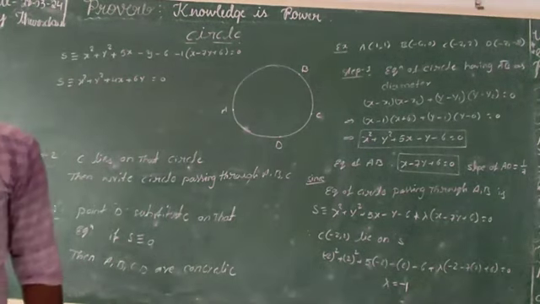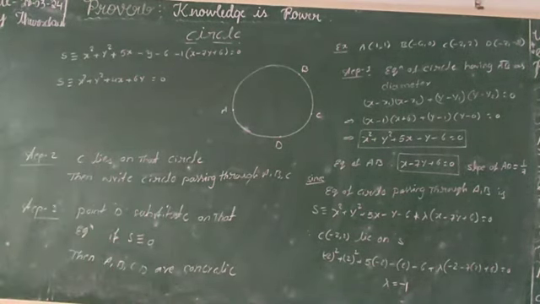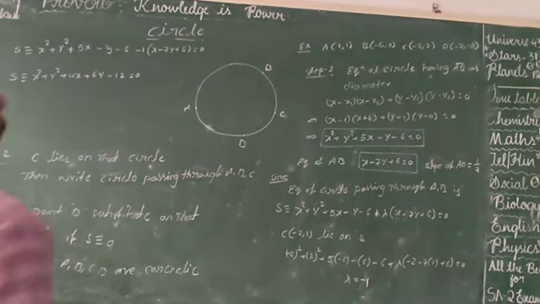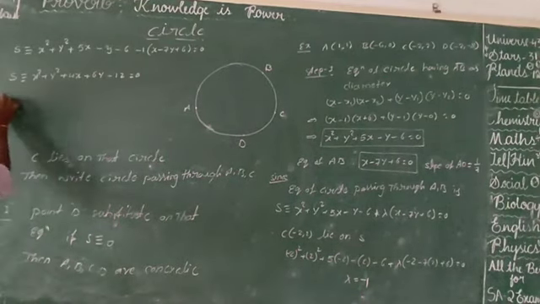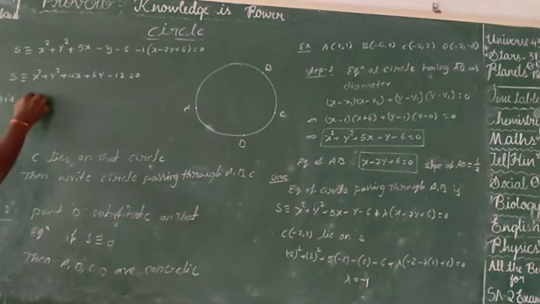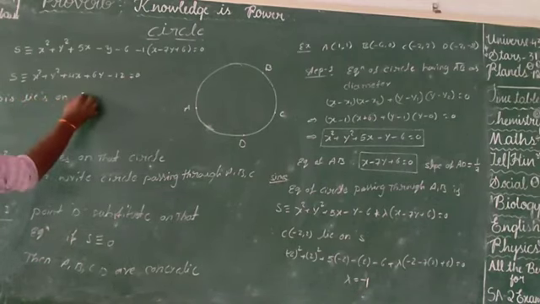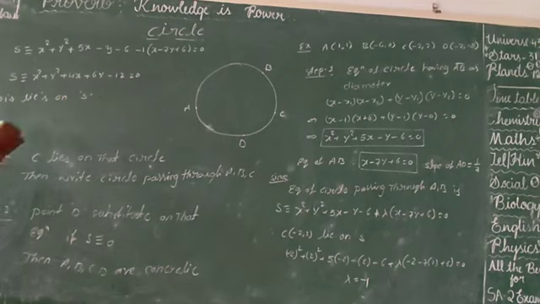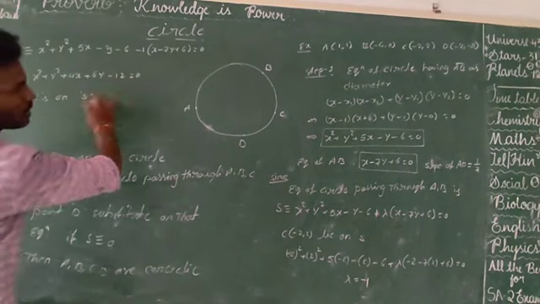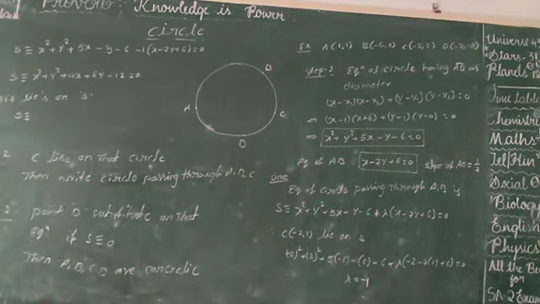Have you seen this? Okay, let's see the D point. D lies on S. So let's substitute the D point here. What is the D point? Minus 2 and minus 8.